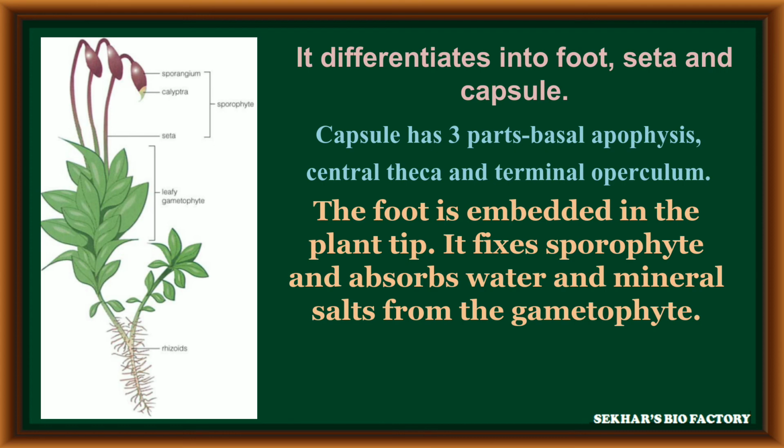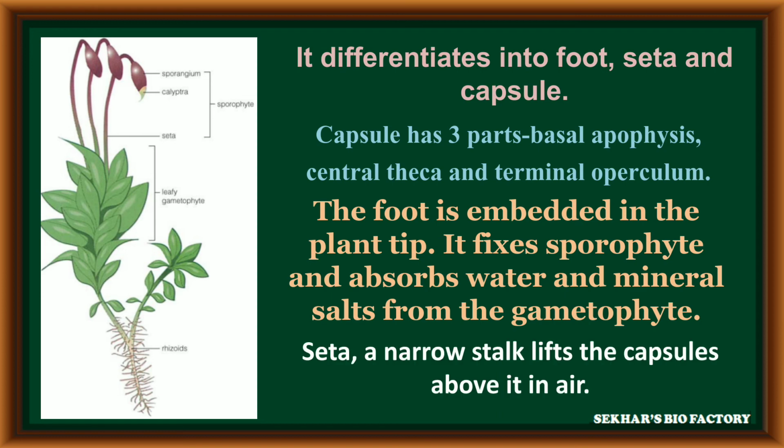The foot of the sporophyte is embedded into the plant tip. It helps to fix the entire sporophyte on the plant and absorb water, minerals and salts from the gametophytic plant. The seta is a stalk. It lifts the capsule above in the air.